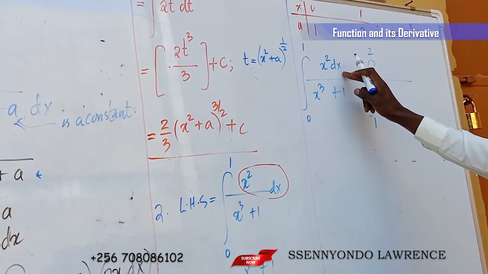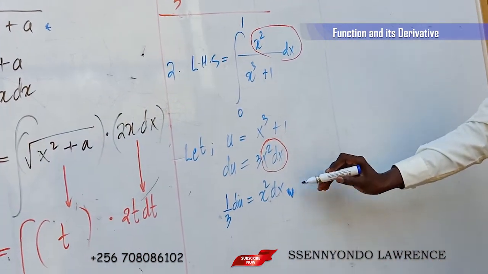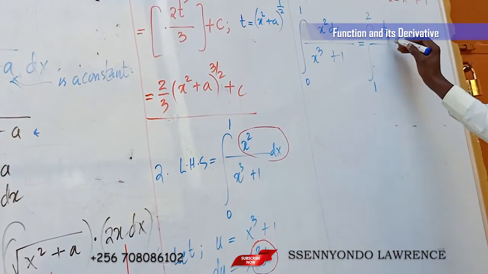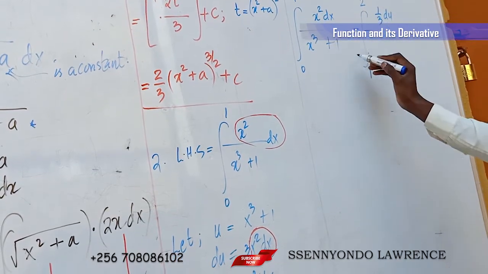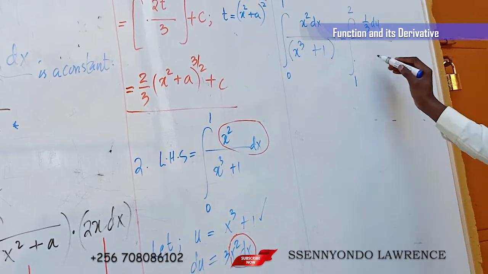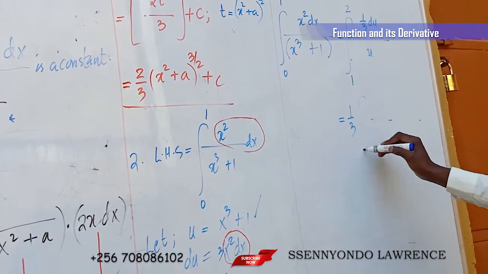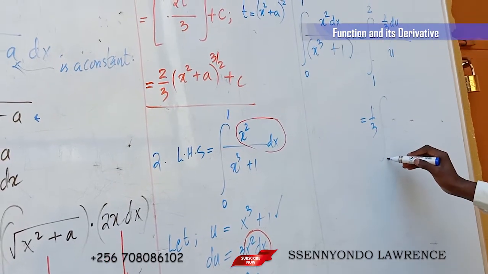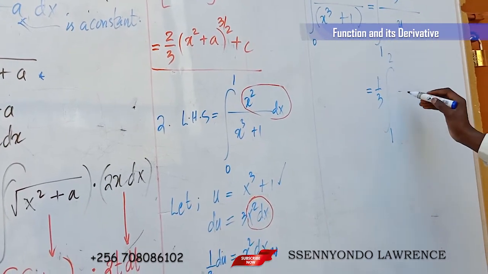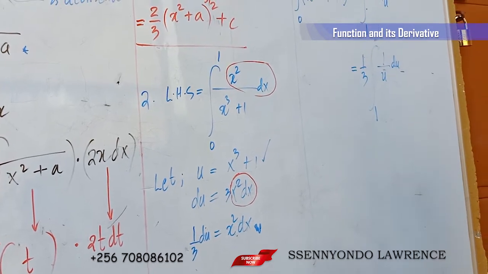X squared dx, we have it here as a third du. Then the quantity x cubed plus 1 is what we abbreviated as u. So resultantly, I have a third, the integral from 1 to 2 of 1 over u du.